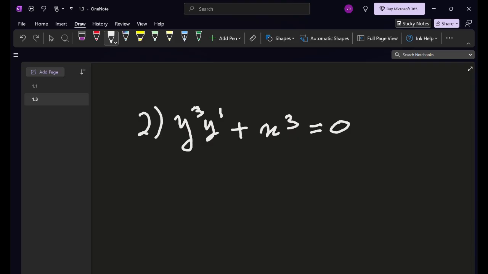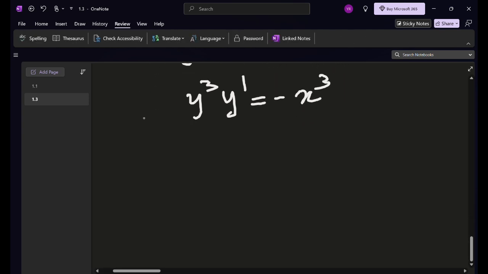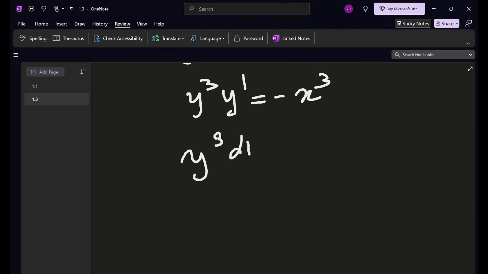Then we can simply write y cube y dash as minus x cube, and proceeding further, this is going to be written as y cube dy by dx is equal to minus x cube.